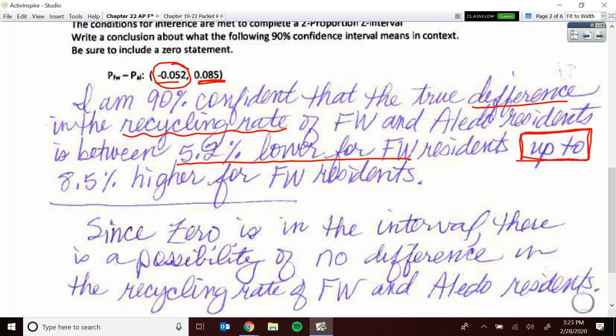And 0 is in the interval, so that suggests there could be no difference in their recycling rate. 0 in the interval suggests there could be no difference.